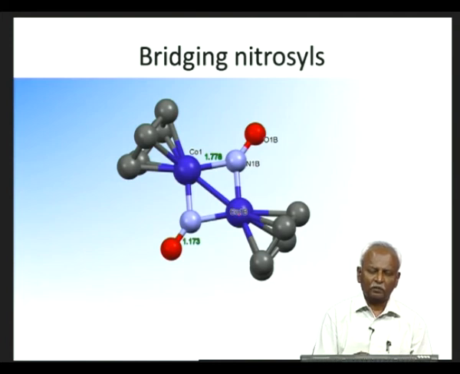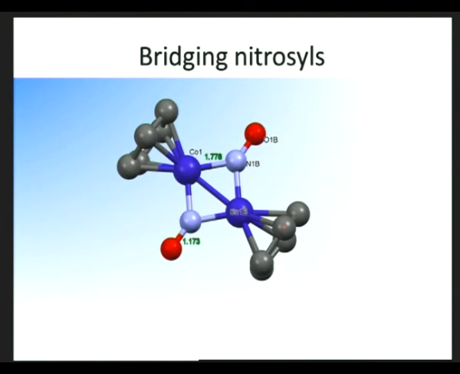Here is an example between two cobalt centers. This is a cobalt complex which has got two cyclopentadienyl groups, and two nitric oxide units are bridging the two cobalt atoms.